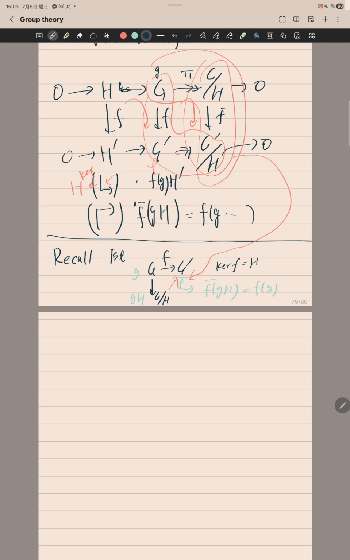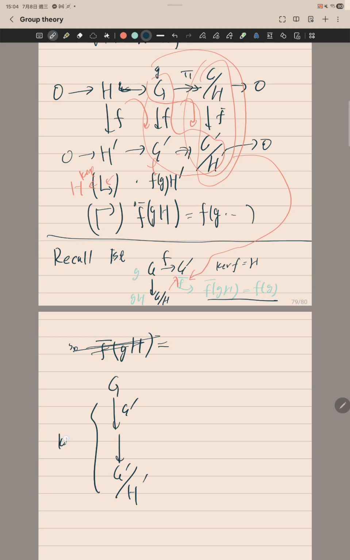So this f bar satisfies this, so it maps G quotient H to f(G). Now we use the first isomorphism theorem for G to G prime divided by H prime. So the kernel of this map phi is H.